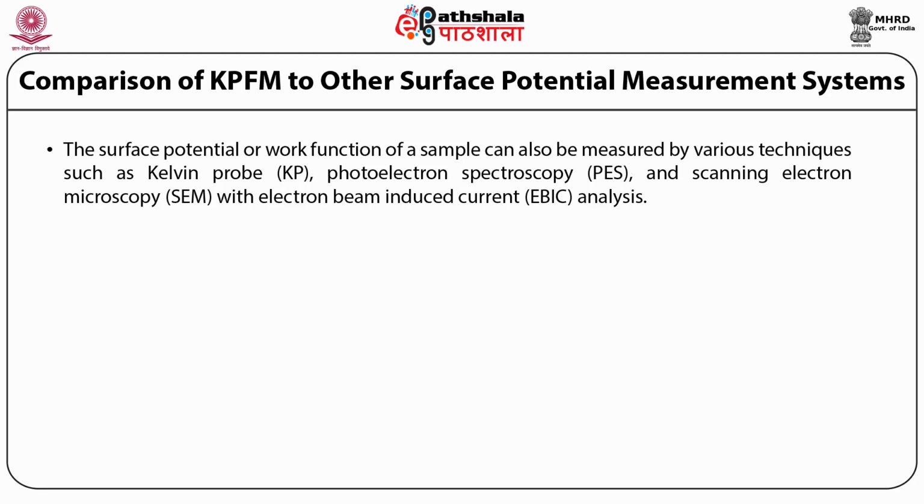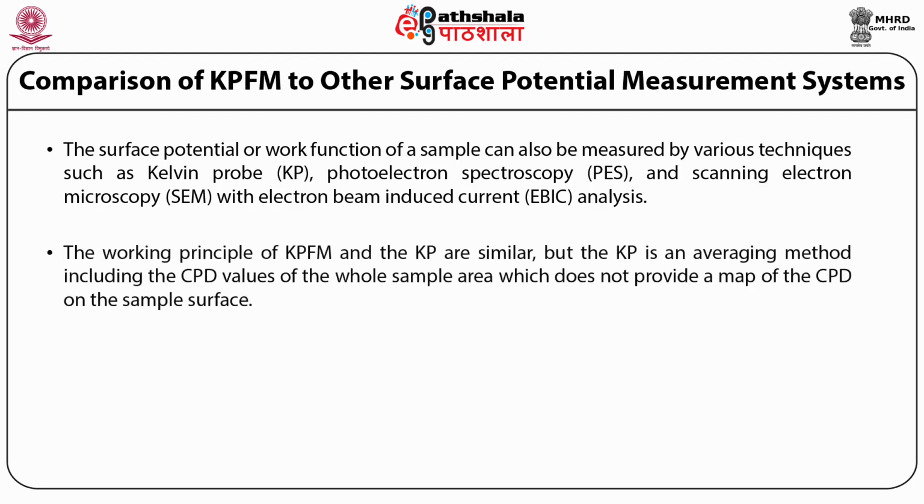Similar to KPFM, the KP also measures the CPD between the probe and the sample surface. The working principle of KPFM and the KP are similar, but KP is an averaging method including the CPD values of the other sample area, which does not provide a map of the CPD on the sample surface.